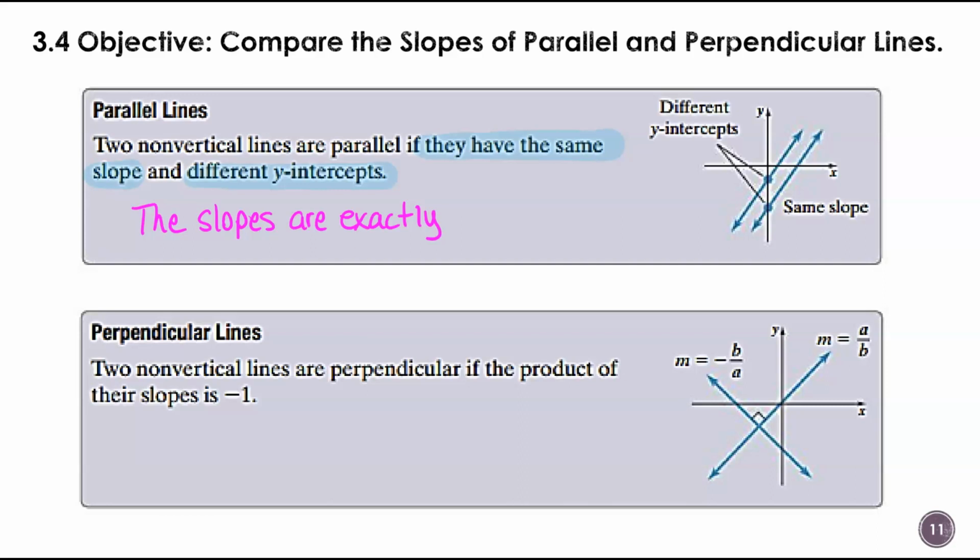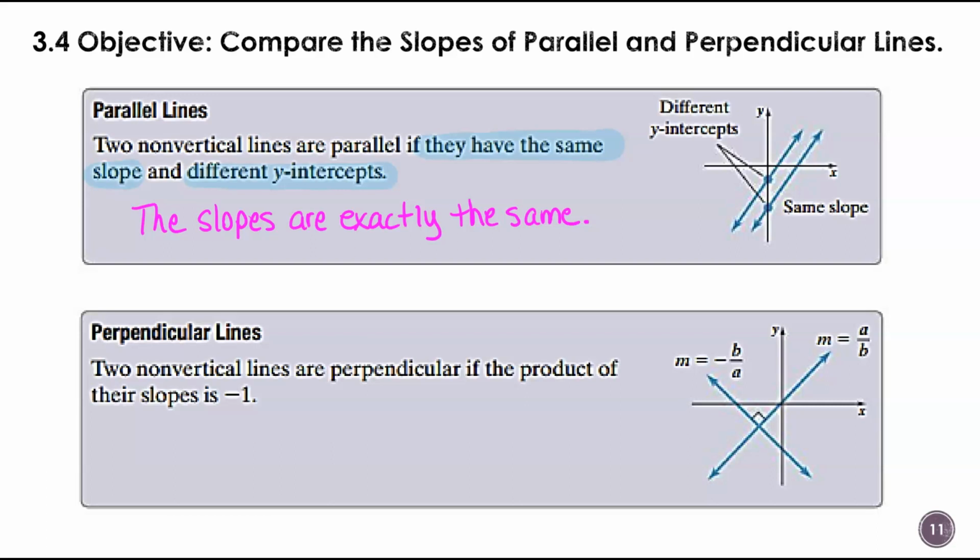So the slopes are exactly the same. Now the reason they have to have a different y-intercept is because if they had the same y-intercept and the same slope, it would be the same line. So that's a part that you can look at. We usually concentrate on the slopes, and I do want you comparing slopes when you're talking about parallel and perpendicular lines.